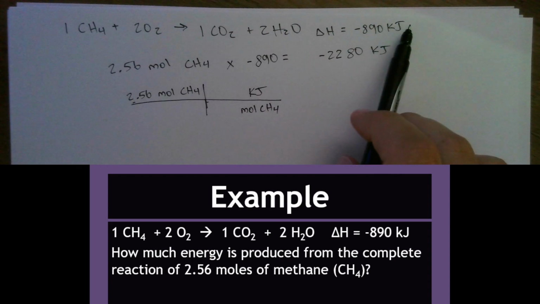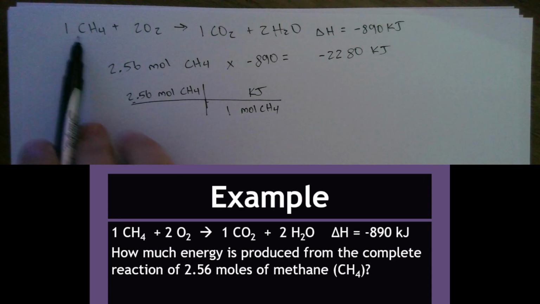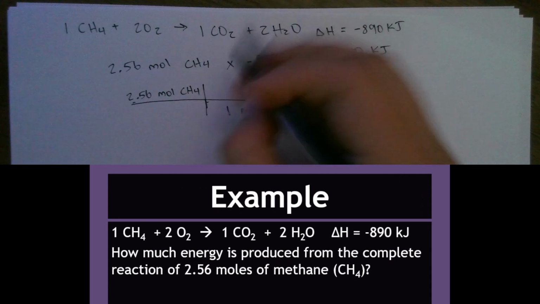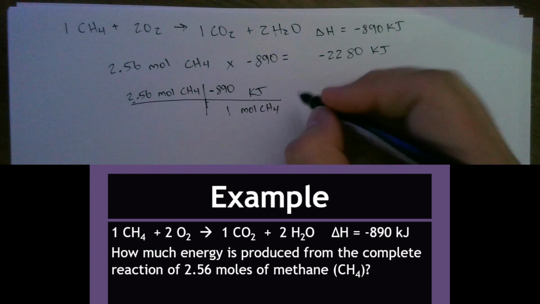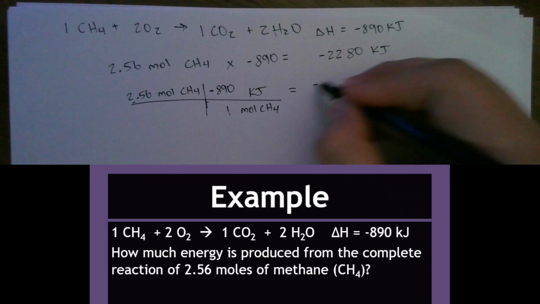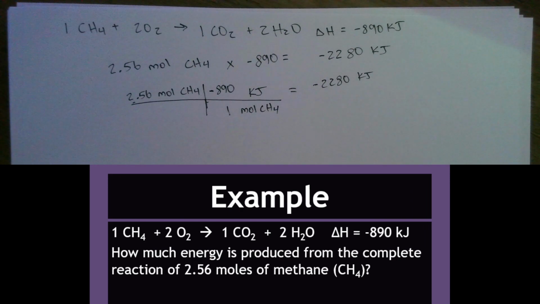This reaction up top, what this means is, when I react 1 mole of CH4, it produces negative 890 kilojoules. Multiply across, and it's going to be the same answer, of course. That's essentially how you would see the work shown for this. Moles and moles cancel. 1 mole of CH4 is associated with negative 890 kilojoules.